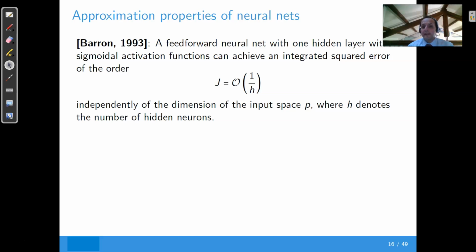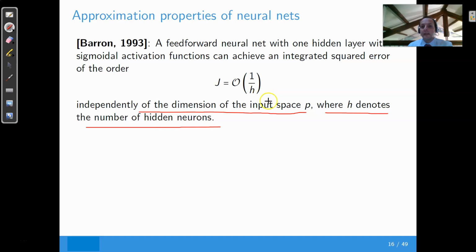This is another important result because it says also that it does not depend on the dimension of the input space. So it doesn't care about the number of inputs, it depends only on the number of hidden neurons.